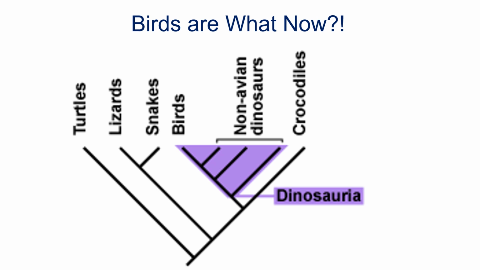I'm not sure if I did. Anyway, dinosaurs include all the dinosaurs you love, Stegosaurus, T-Rex, etc., but should also include birds because, of course, we have to come back to that one point. We work our way back up so we can see all the descendants from that node. We have to include birds.